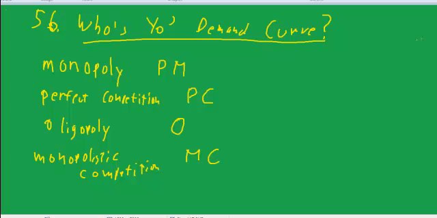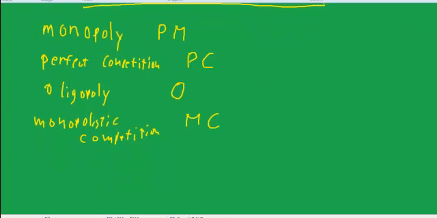Okay? So there are these four types, and they have different demand curves, but let me tell you more about them before we get to the demand curves. So we have monopoly, perfect competition, oligopoly, and monopolistic competition.